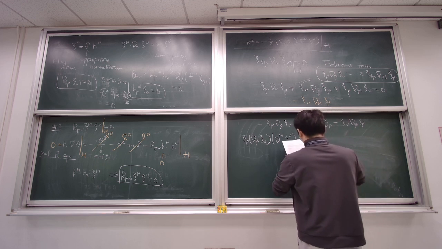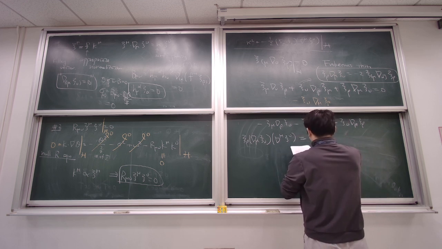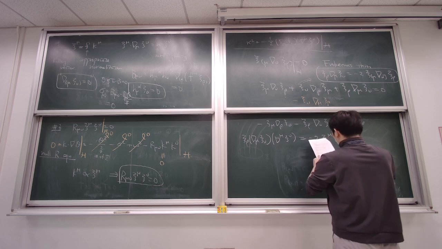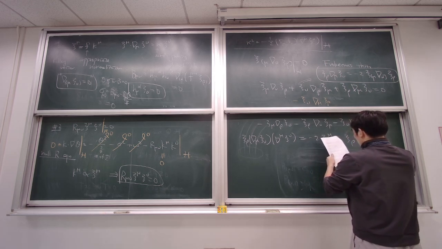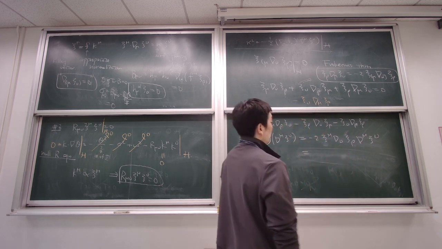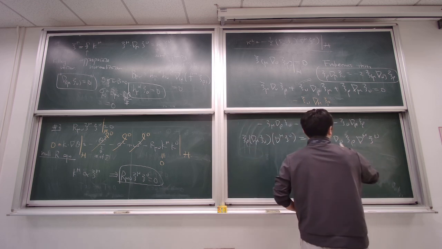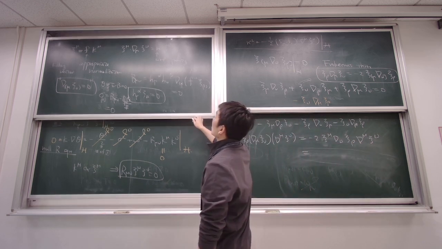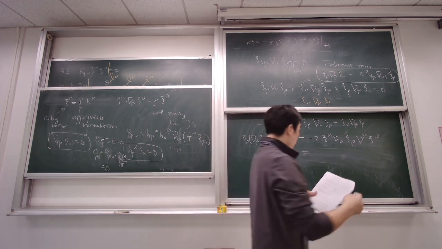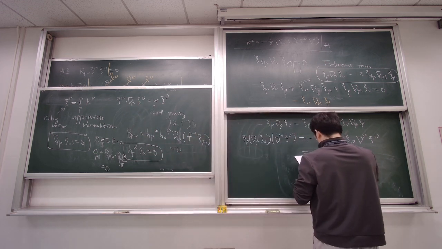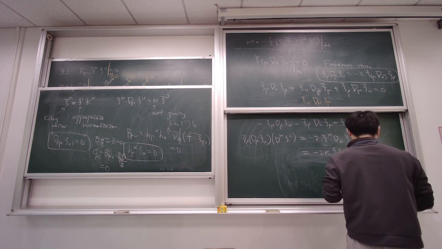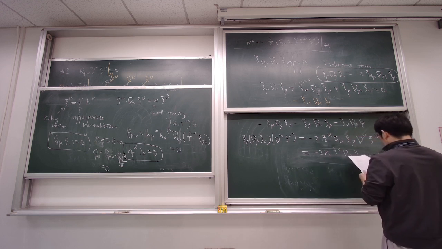Minus 2 xi mu nabla nu xi rho xi nu, and then we know that this one will give you kappa, so we can use this relation, the definition of surface gravity, to get the minus 2 kappa xi nu nabla nu xi rho, and then the same thing happens, 2 kappa square xi rho.